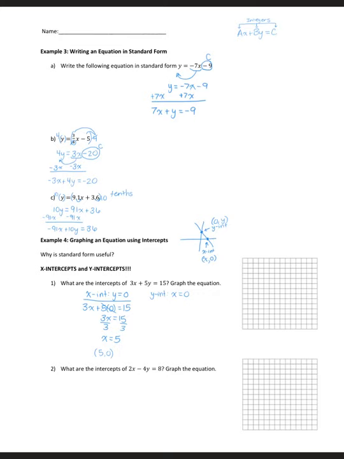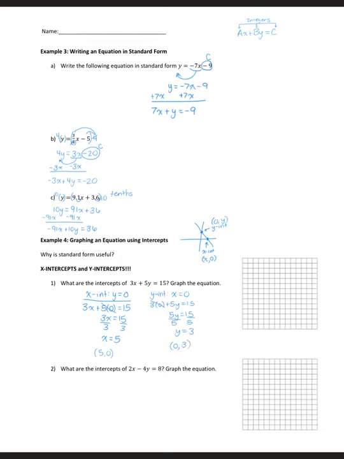The same thing works with the y-intercept. We're going to set x to 0. So now this 3 times 0, that goes away. We are left with 5y is equal to 15. Divide by 5. Y equals 3. So that means that your y-intercept is 0, 3.